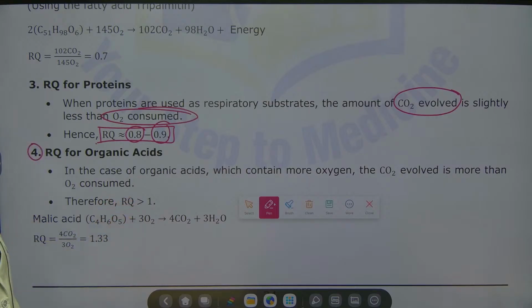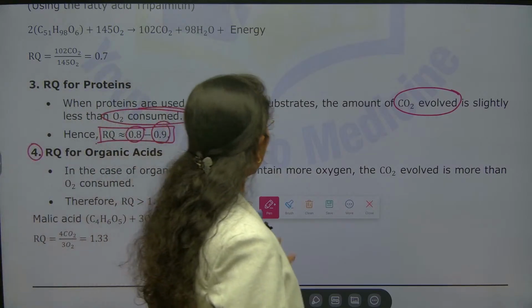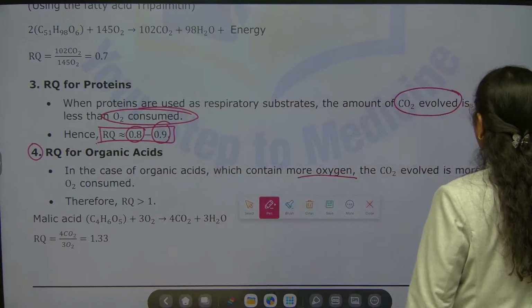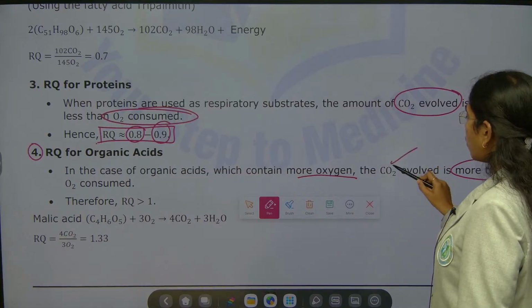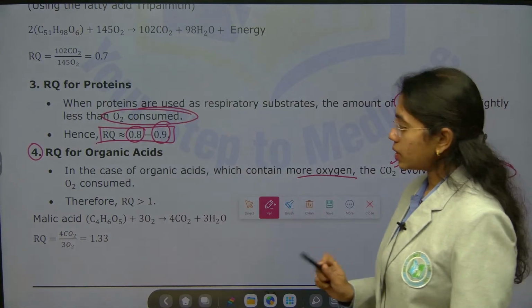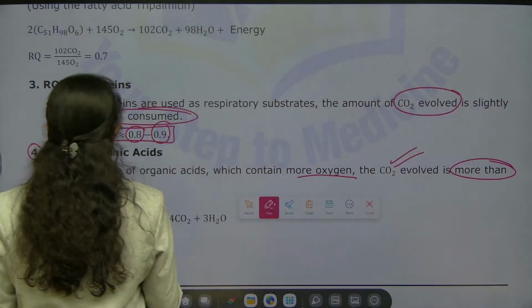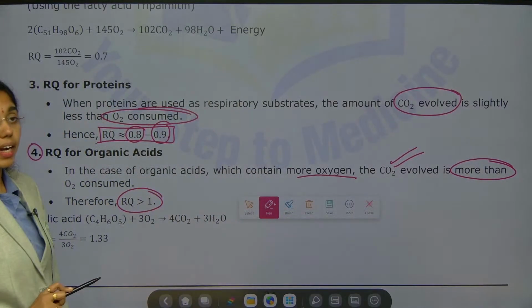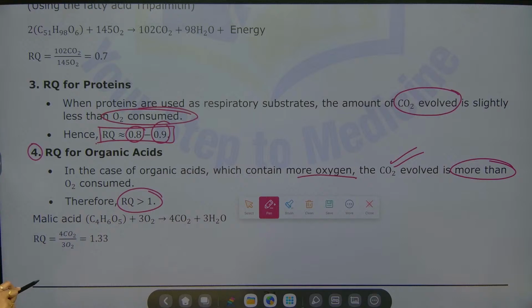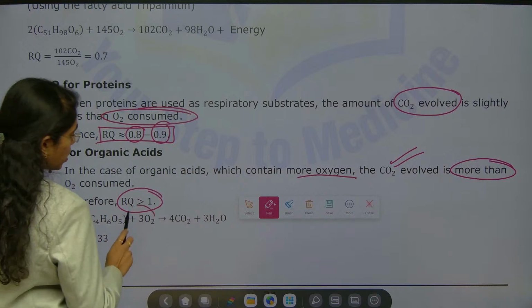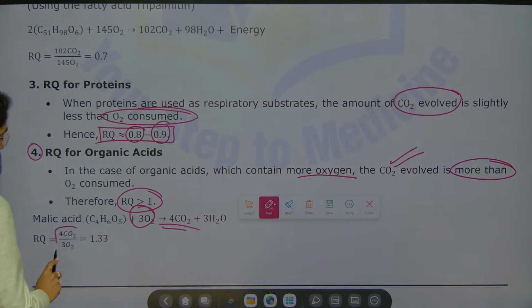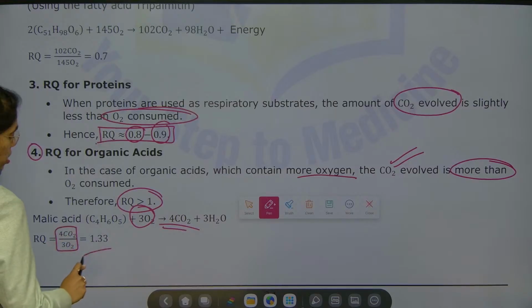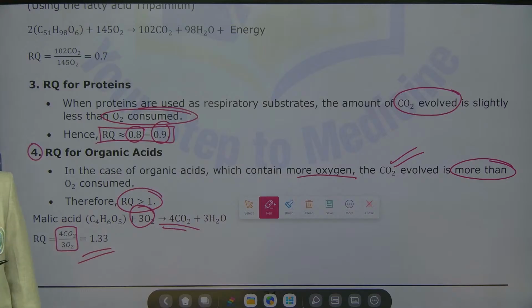In this case, organic acids contain more oxygen, so the carbon dioxide evolved is more than the oxygen consumed. Therefore, RQ value will always be greater than 1 for organic acids. Malic acid plus 3O2 gives rise to 4CO2 and 3H2O. Here 4 by 3, the value is more than 1, that is 1.33.